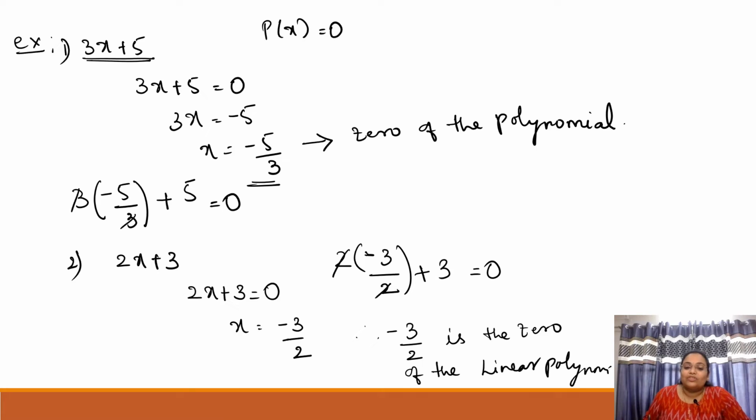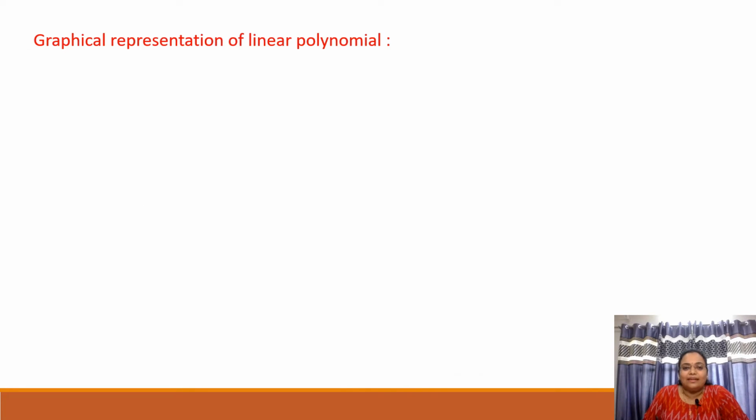So we will have 1 zero for the linear polynomial. The number of zeros is 1. Now let us see the graphical representation of a linear polynomial. If you take the linear polynomial as 2x plus 3, if you want to plot a graph, you need x coordinates and y coordinates.